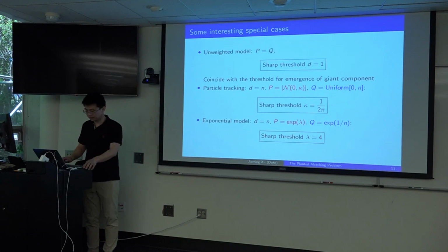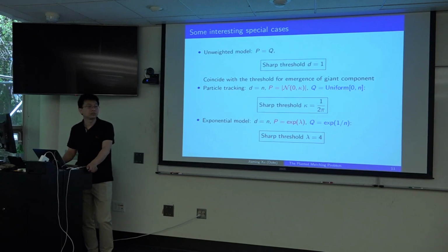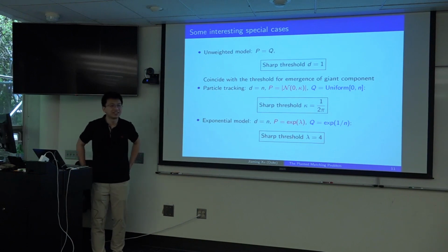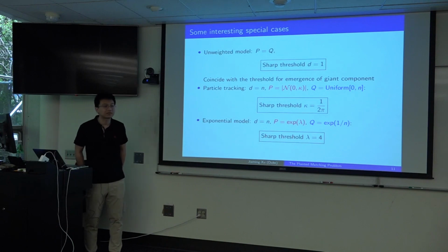Yes. Okay, so about the example of particle tracking, can I imagine the following model? I have n d-dimensional Gaussians and another copy, which is a perturbed version, and then P will be the inner product between correlated Gaussians, Q will be independent Gaussians, and this will also give the optimal threshold for that model.